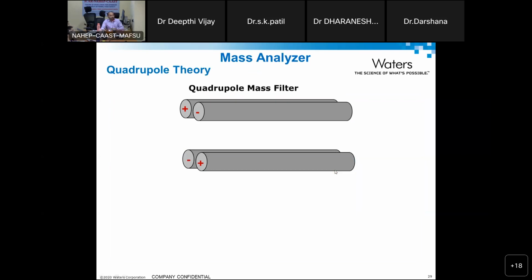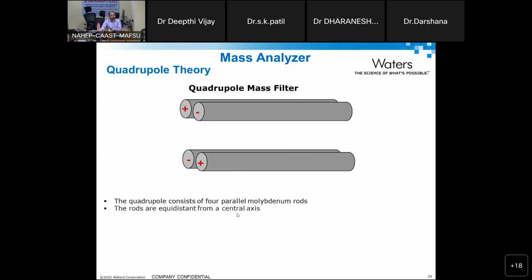Okay, now we'll discuss briefly the mass analyzer, which basically helps in separation or sorting of the ions which are coming from the ionization source. Okay, so the quadrupole or the mass filter basically consists of 4 parallel molybdenum rods.